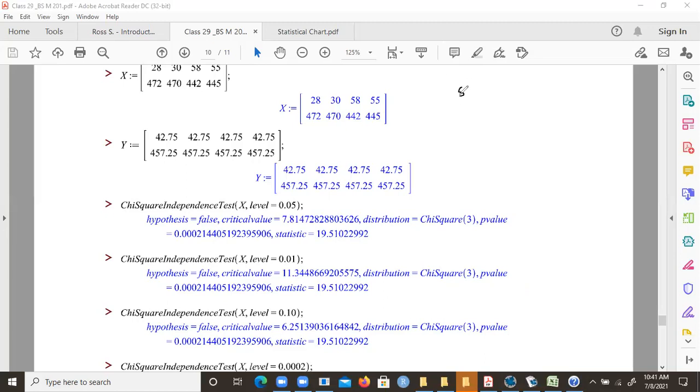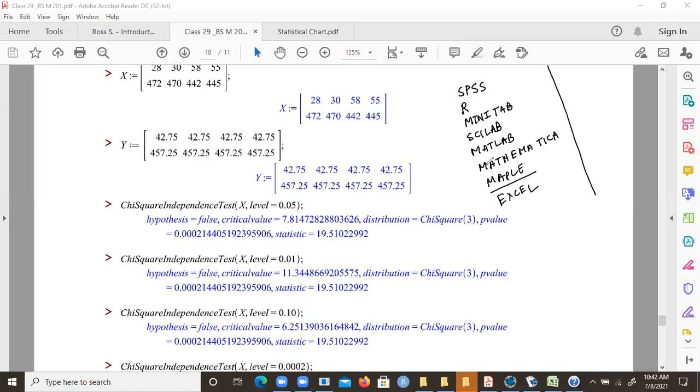So let me write the names of the softwares: SPSS, R, Minitab, Scilab, MATLAB, Mathematica, Maple, and lastly Excel. And there are others also, but I do not know their names.